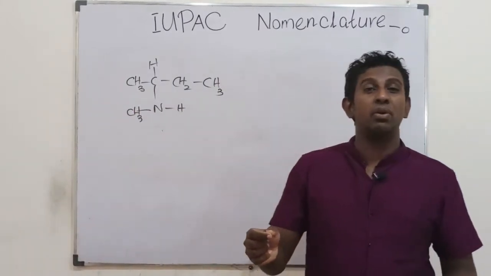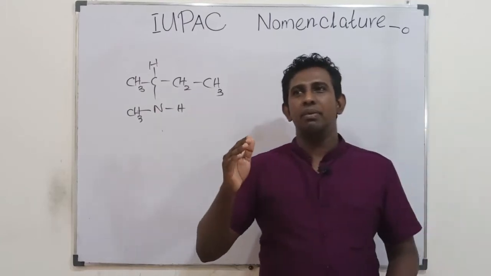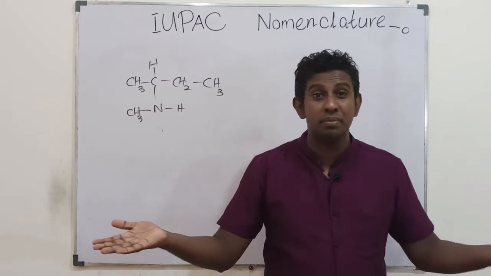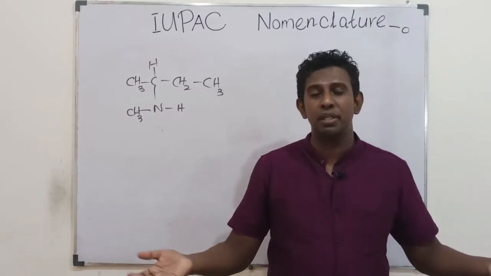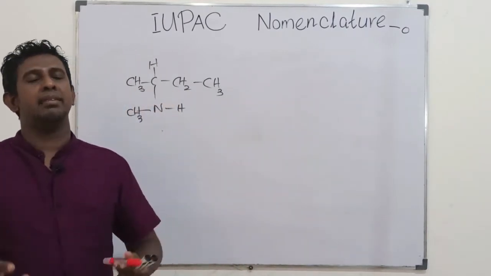So first we recognize all the existing functional groups. Then we identify the major functional group out of all the groups. Then we recognize the main chain.